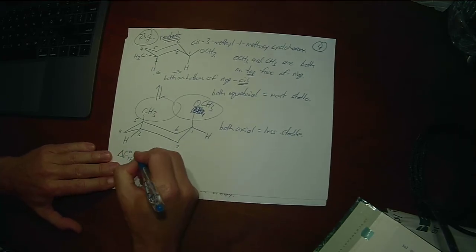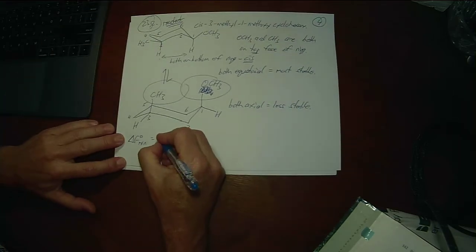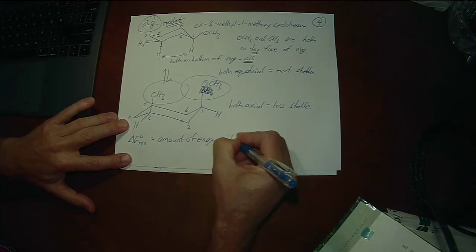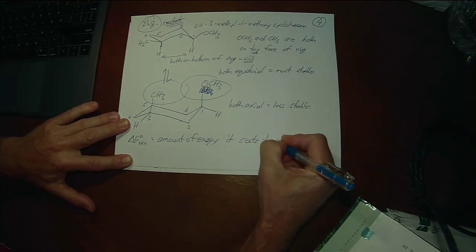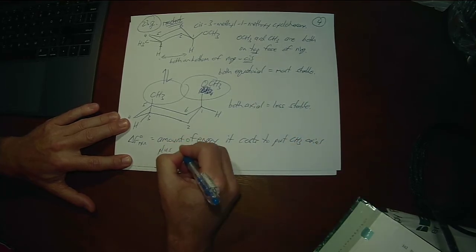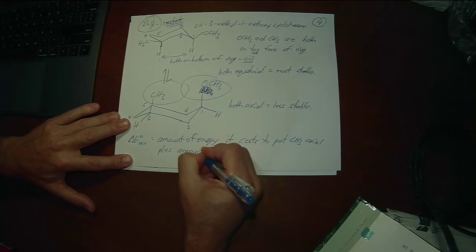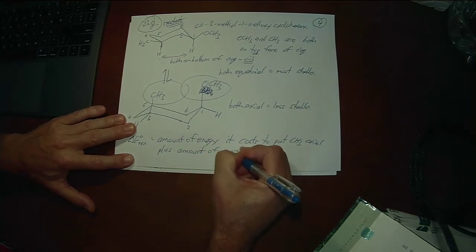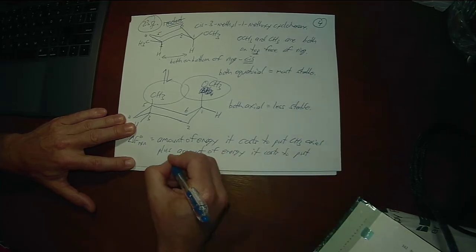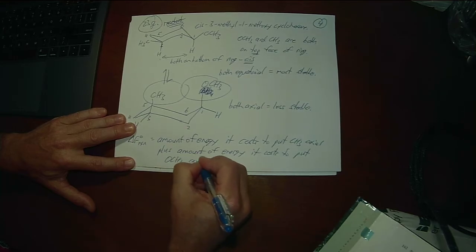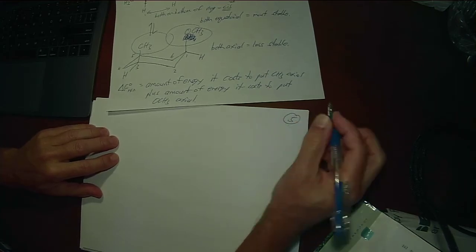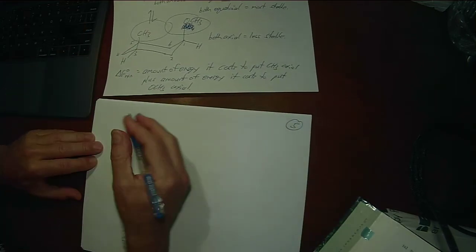So delta G of reaction is going to be equal to the amount of energy it costs to put a CH3 axial plus the amount of energy it costs to put the OCH3 axial. So we can look that up in the table.